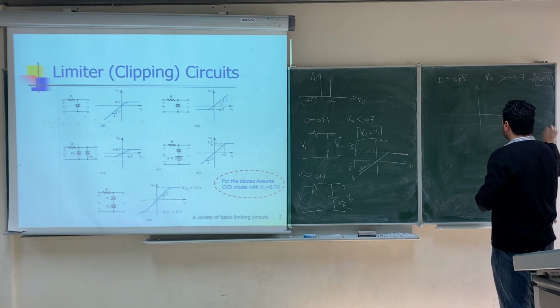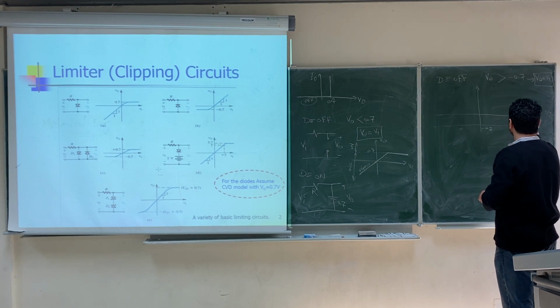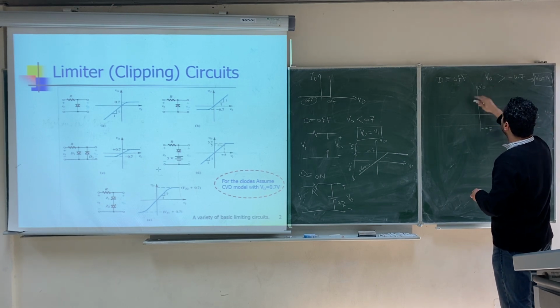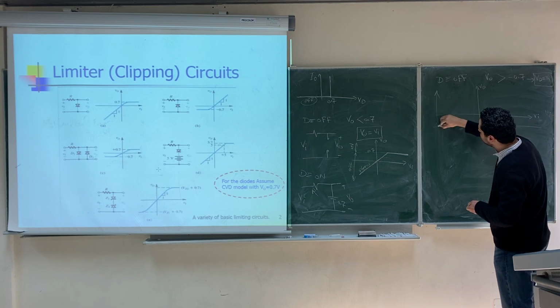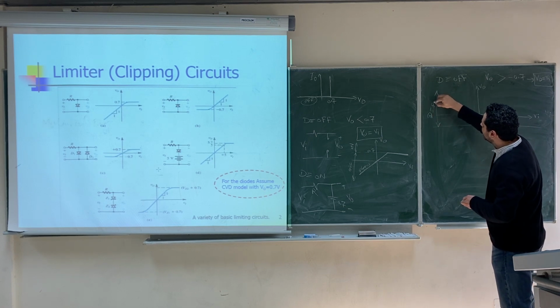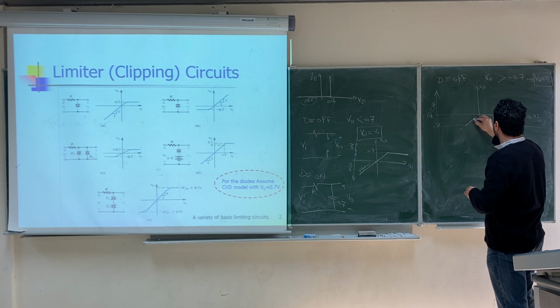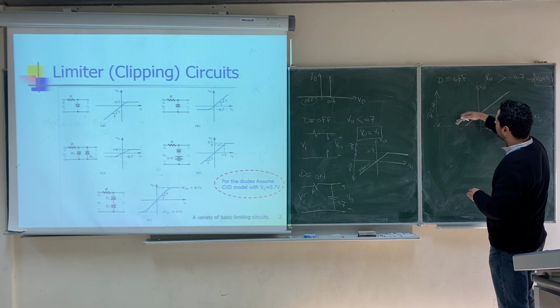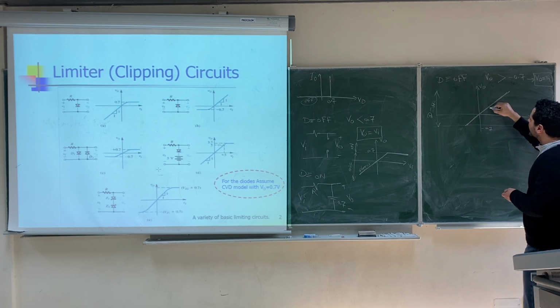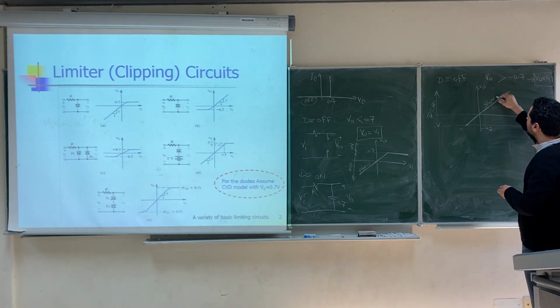So the critical point here is negative 0.7. When V output is greater than negative 0.7, the diode will be off, and V output will be equal to V input, straight line. In this region, when the diode is off, V output equals V input, straight line with the slope equals 1.